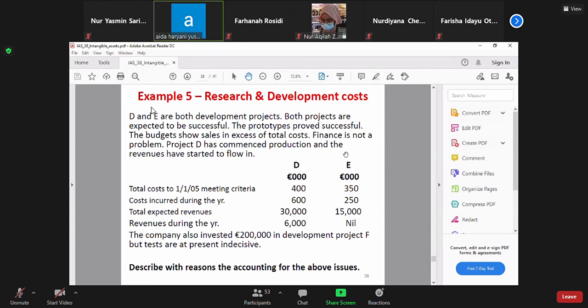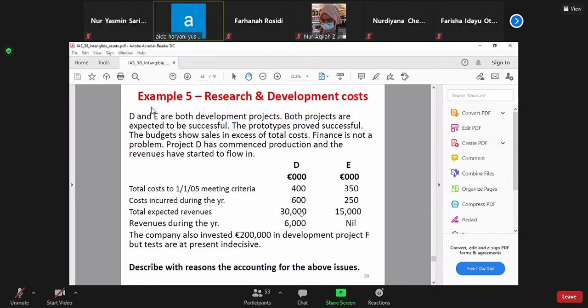Why? Because project E has not started production yet. So total cost to 1st January 2005 meeting criteria. Meeting criteria means meeting the criteria just now, 100 and 350. Cost incurred during the year, 600 and 250.